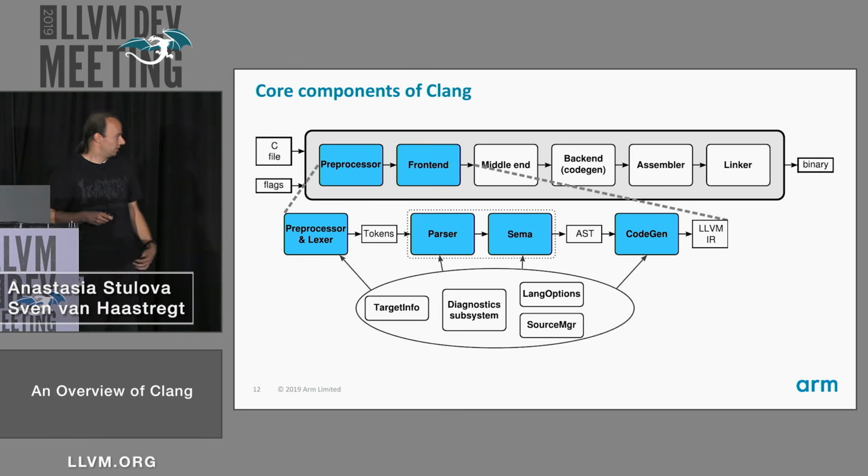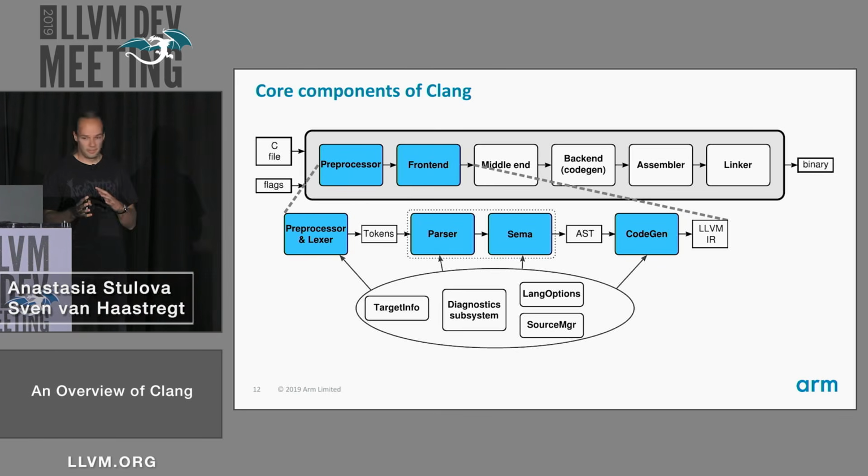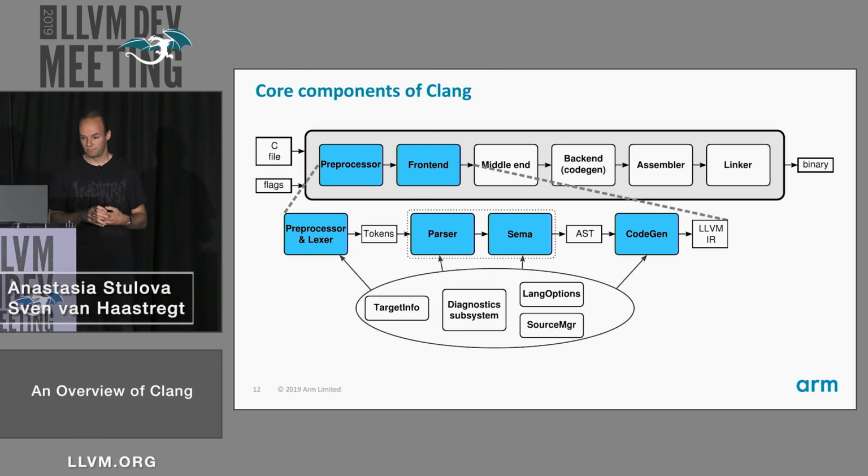There's a bunch of other classes that are used in various ways here. For example, there's the TargetInfo class, which is responsible for containing all sorts of details about the target you're going to compile for, because the LLVM IR that's produced by Clang is actually already target independent.